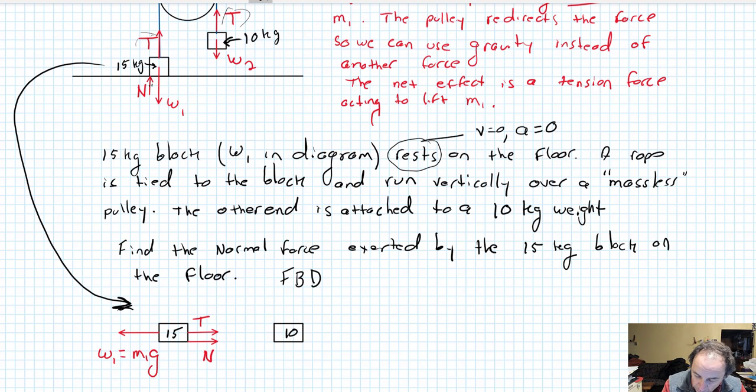Now, for weight 2, draw the free body diagram for that. T, okay, this is same magnitude but opposite direction. And opposite that is M2G.